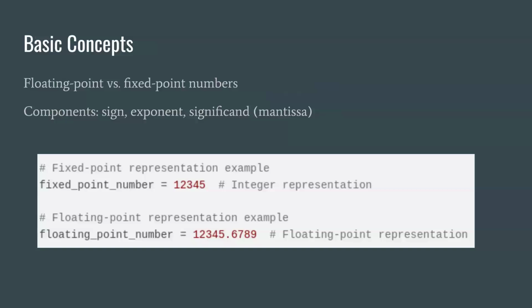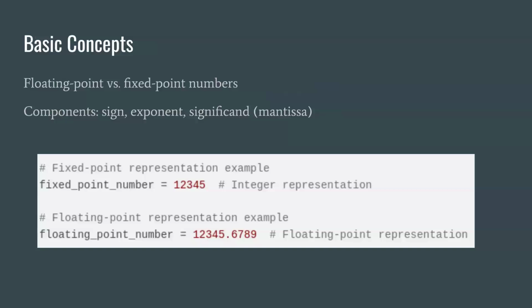Basic concepts. In order to understand floating point numbers, we first need to distinguish them from fixed point numbers. Fixed point numbers have a fixed number of digits after the decimal point, which limits their range and precision.